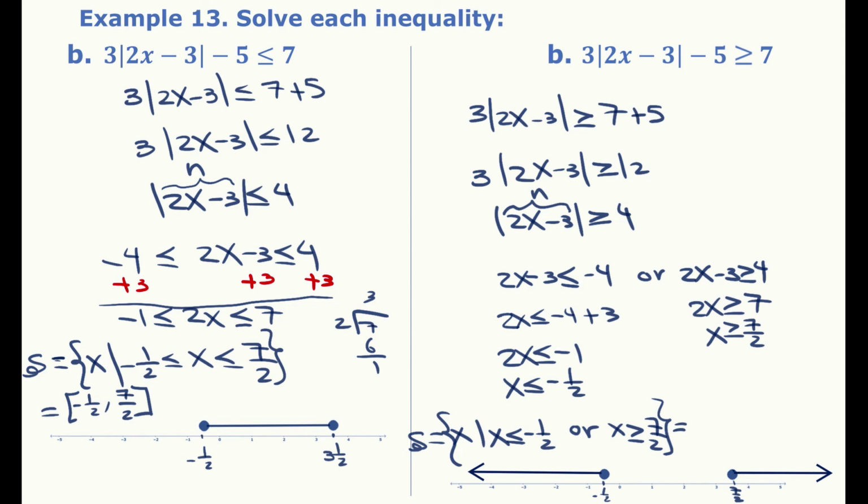We'll look at this piece first. It has no beginning, so we put parentheses, negative infinity, comma. It does end here at negative 1 half, and it does include negative 1 half, therefore bracket after negative 1 half.